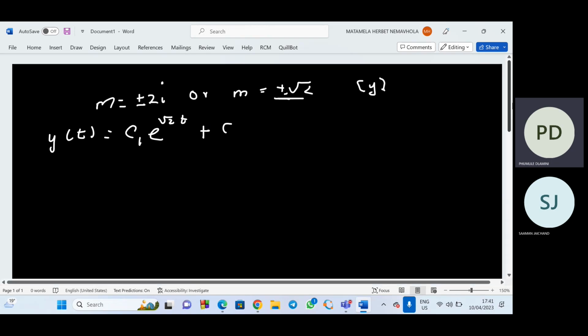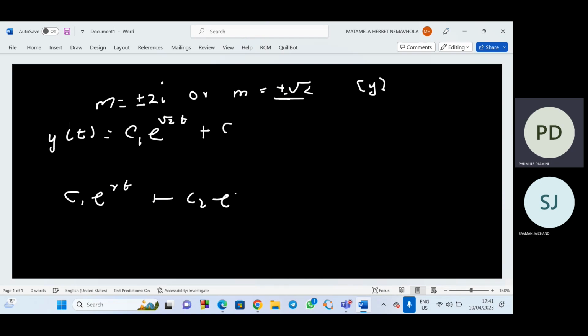In differential equations in second year, you learn that when you want a general solution of a system, you write e to the power rt plus c2 e to the power rt, and then plus, if you have repeated roots, c3 x e to the power rt, if you still remember that. So we are using the same method.